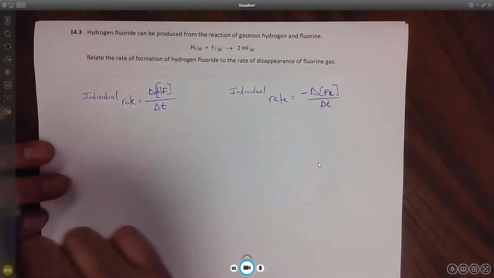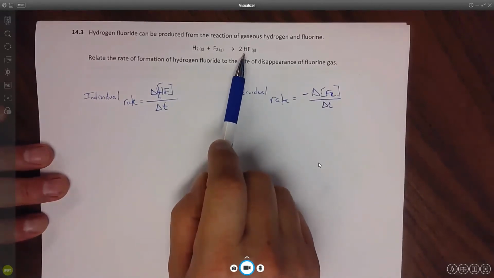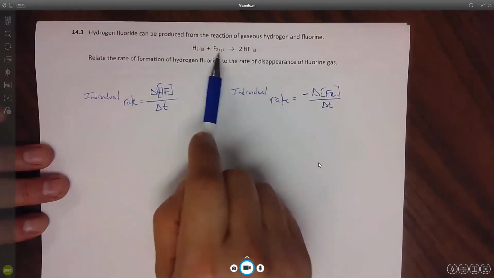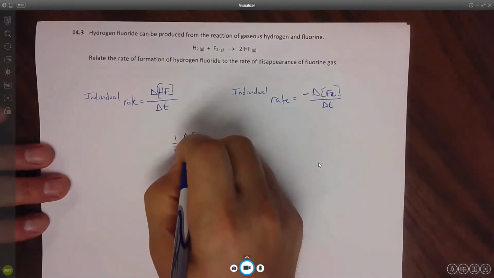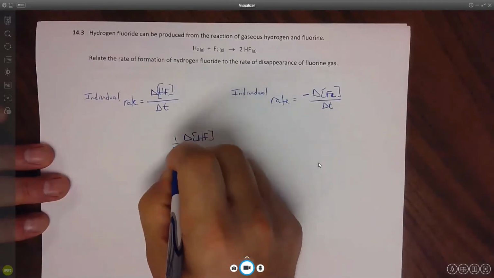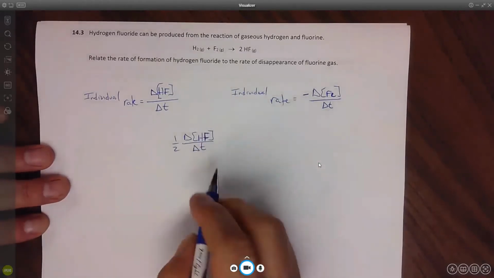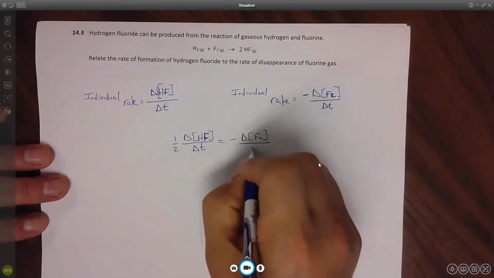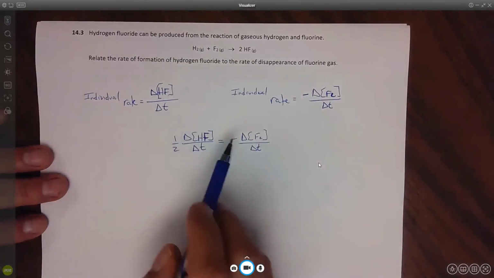And then to relate the two, well, I can see that hydrogen fluoride gas is being produced twice as fast as fluorine gas is being lost. So that means I'd have to divide this by 2 so that these two rates are equal. And so that's what we'll do. We'll say that 1/2 the rate of the formation of HF is going to be equal to negative the individual rate of disappearance of fluorine. And again, remember, really, this is 1/1, right?